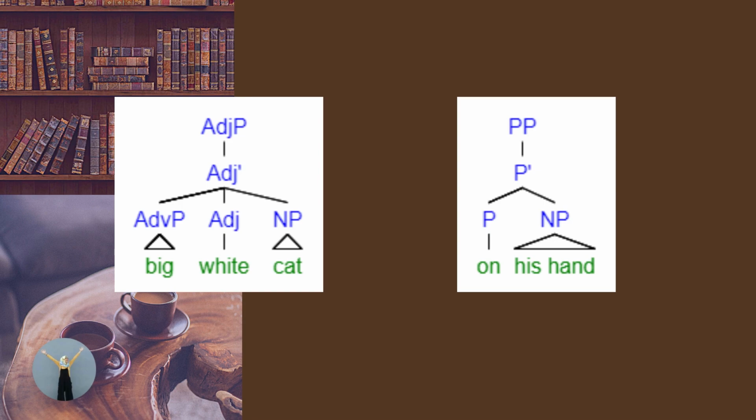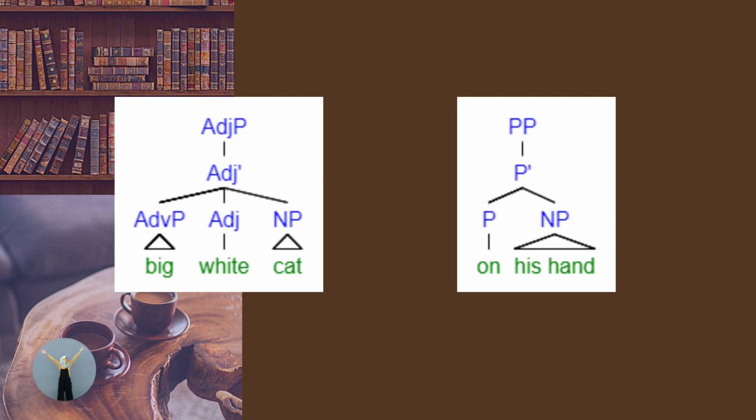Same goes for the preposition. We're focused on the position: where did the cat scratch? It's on his hand. On is the main focus, and his hand is the complement of it. So what is a complement again?